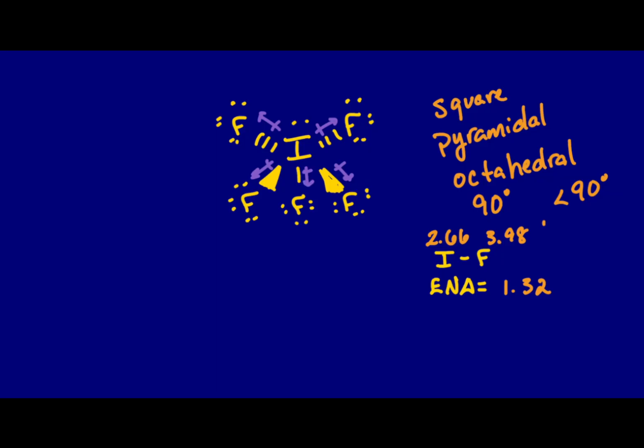Now, remember what we think about with symmetric structures. The 4 fluorines that are on the sides, on the dashes and the wedges, those are square. They have bond angles of 90 degrees. Because of that, they are going to cancel each other out.